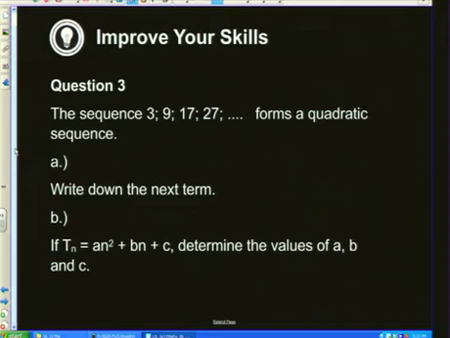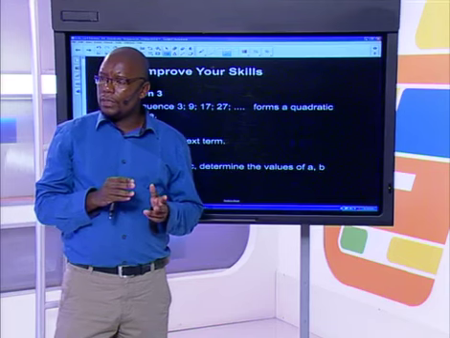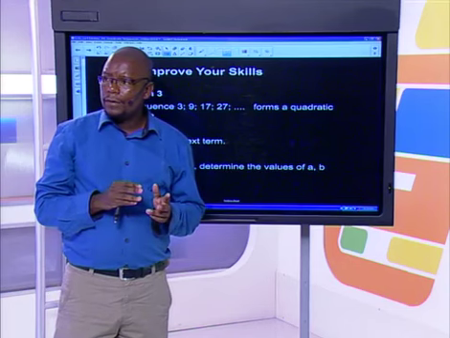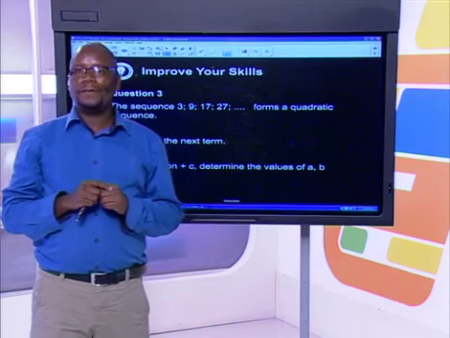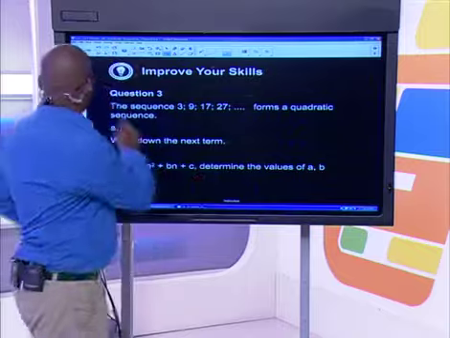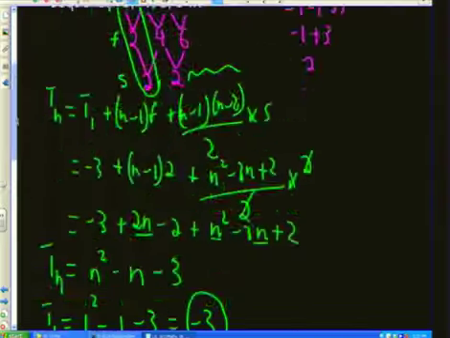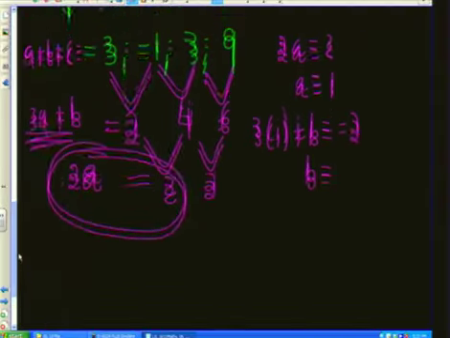And the next one, if Tn is an squared plus bn plus c, find the values of A, B, and C. Can you still do that other question? I think we should take an ad break and then we'll deal with it after the break. Or we can just finish. Right, whichever way.